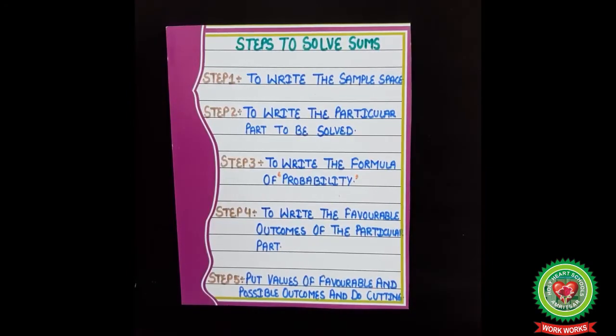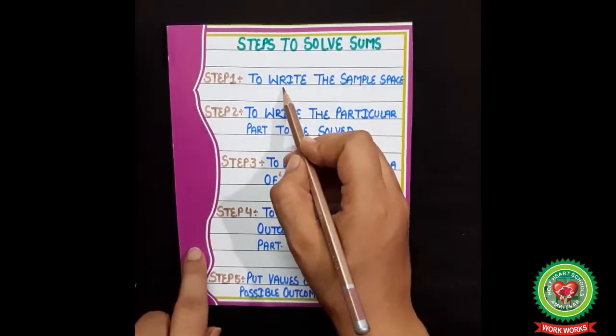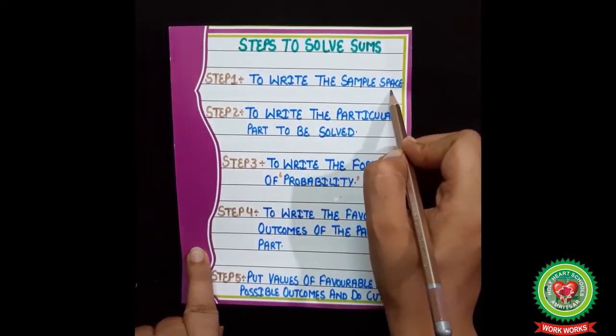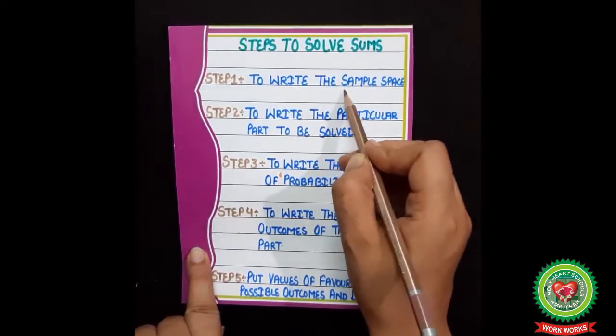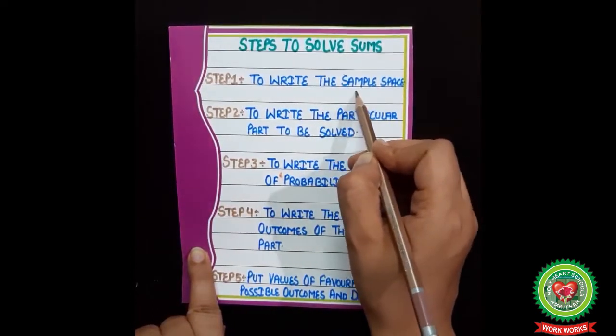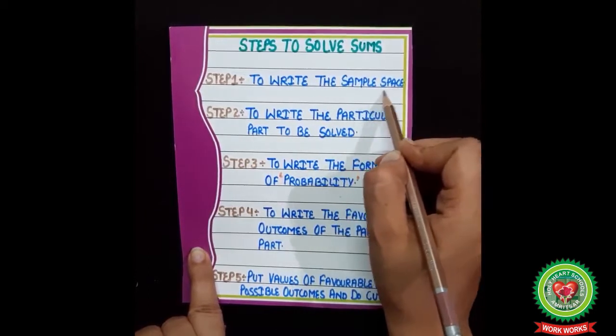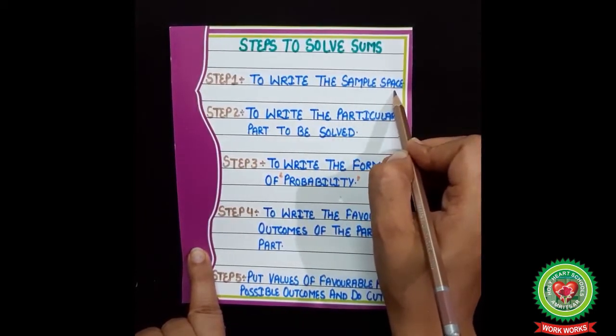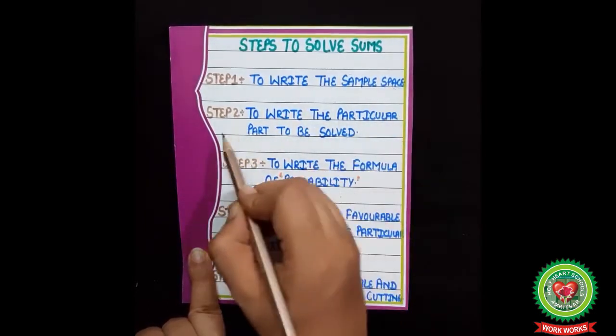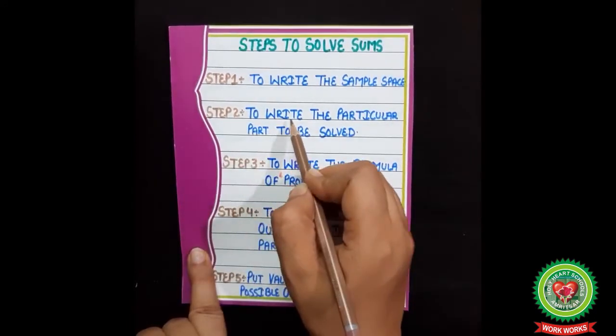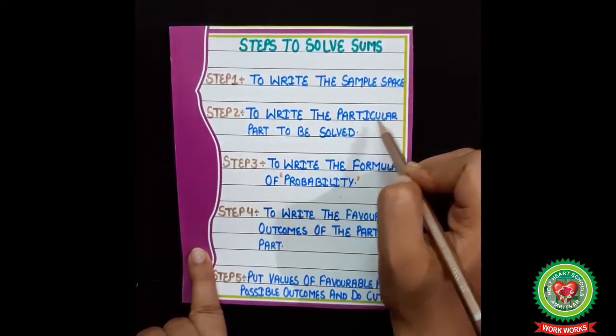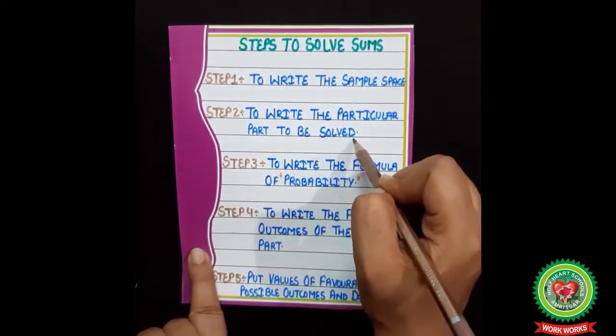Students, before starting with sums, I want to discuss the steps related to the sums. Step number 1 is to write the sample space. Means, first of all, before starting the question, we have to mention all the possible outcomes. Step number 2 is to write the particular part which we are going to solve.